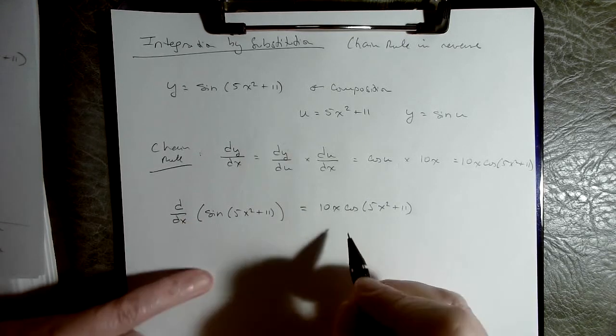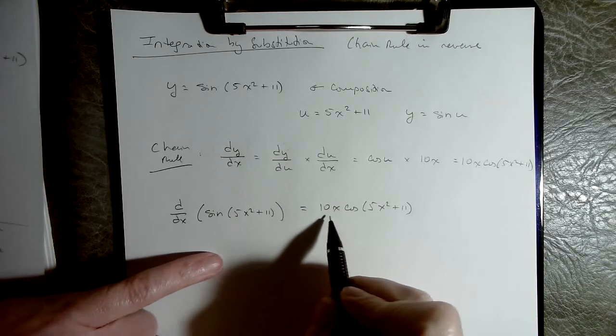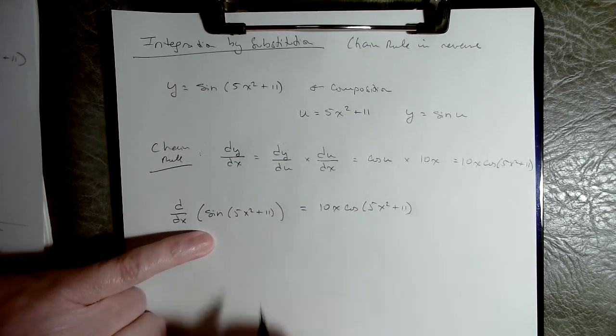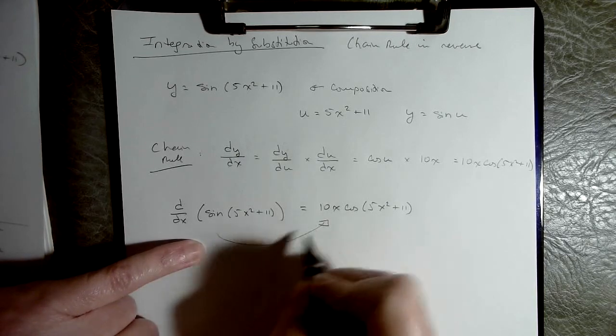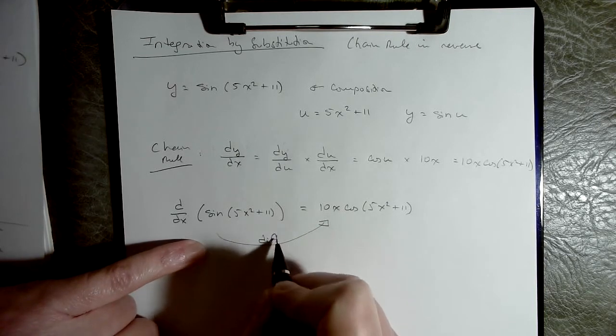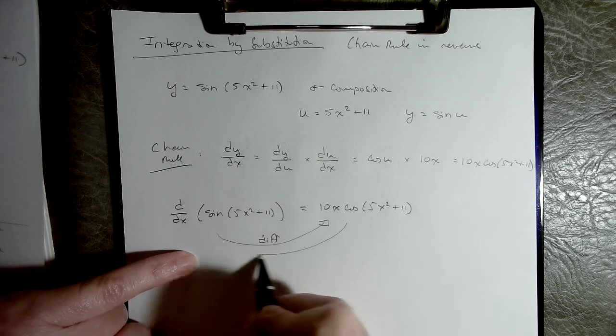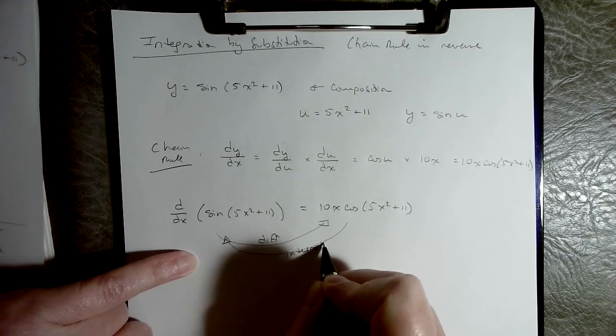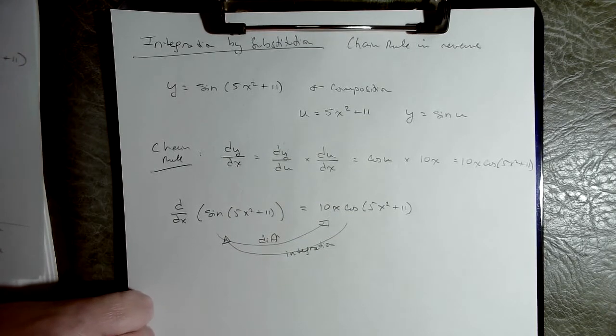Then integration says, if I integrate that, I'll come back to what I had originally. So this way is differentiation, but going the other way is going to be integration. Differentiation and integration, two different directions of the same thing.